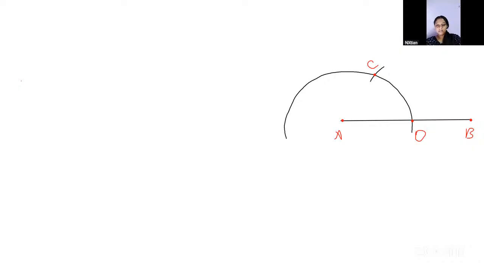What angle is this? 30 degree we are making.